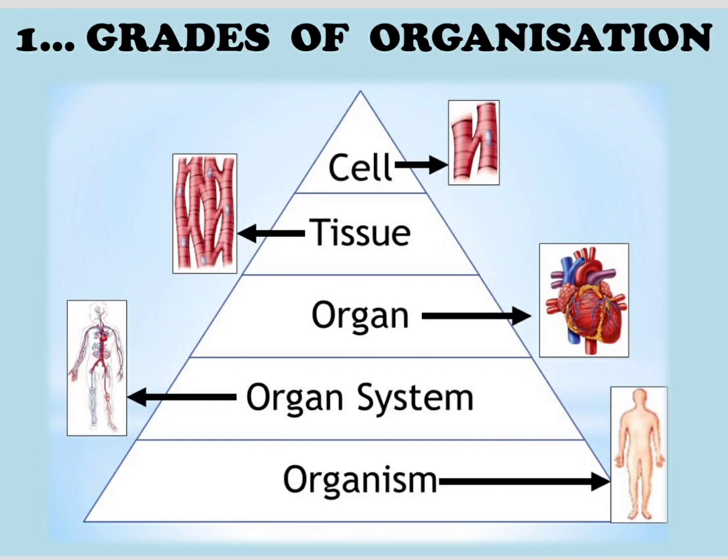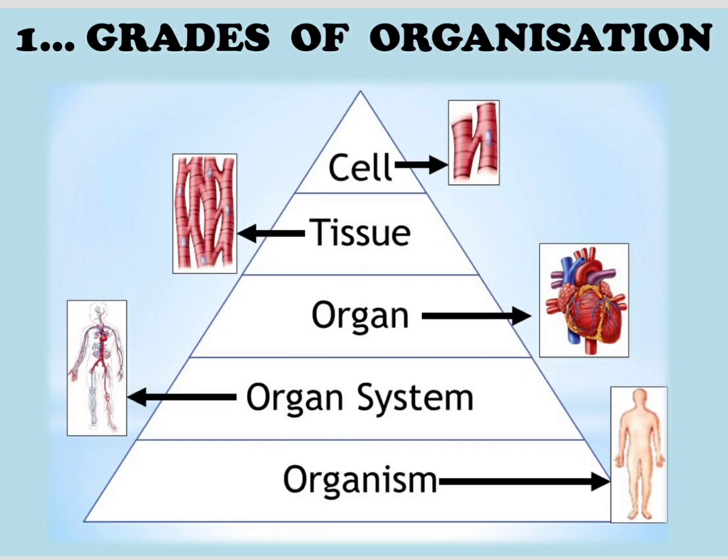Okay, students, if you remember, in the 7th standard you had learned about the different grades of organization. You know that our body is made up of the smallest structure, which is called cells. A number of cells come together and you have tissues formed. A number of tissues come together and you have an organ formed. A number of organs work together and you have an organ system formed.